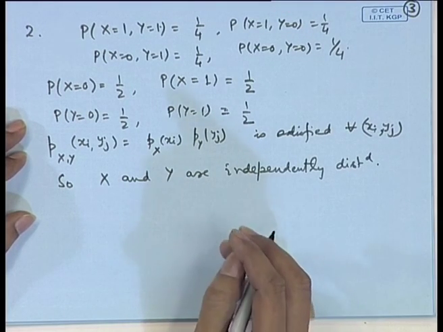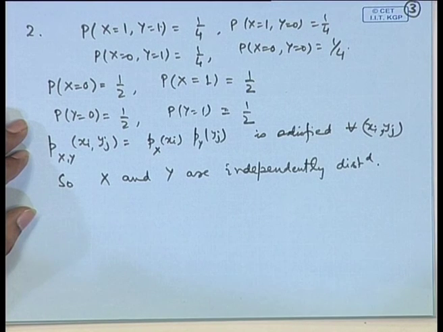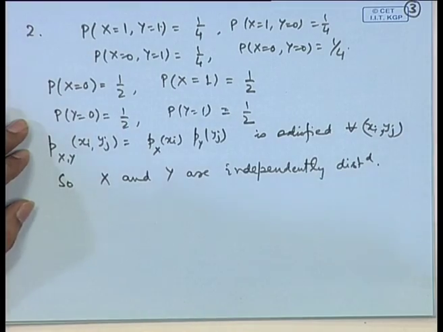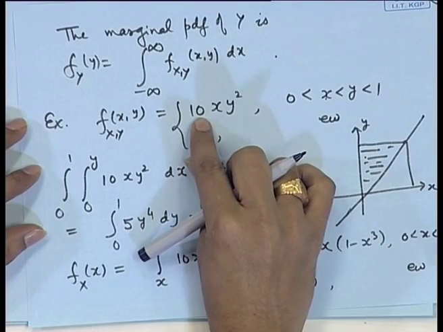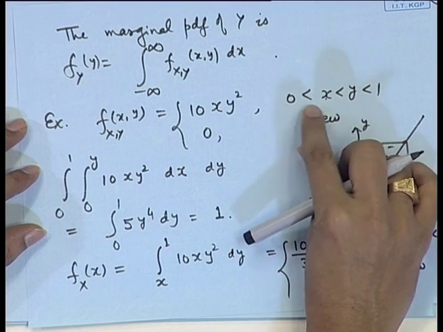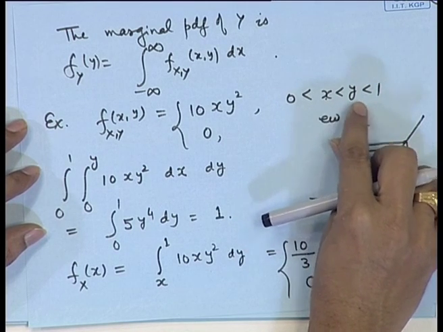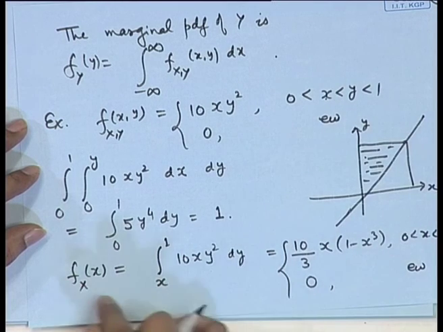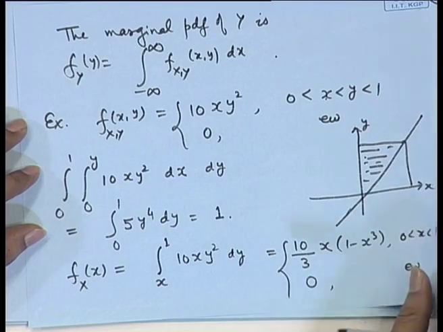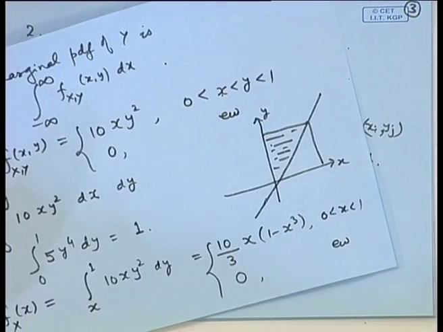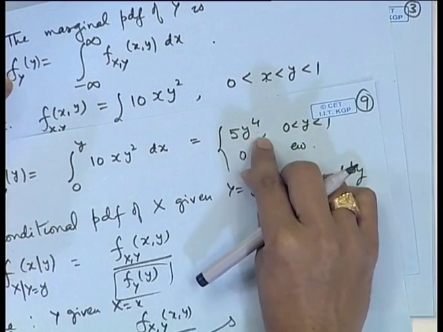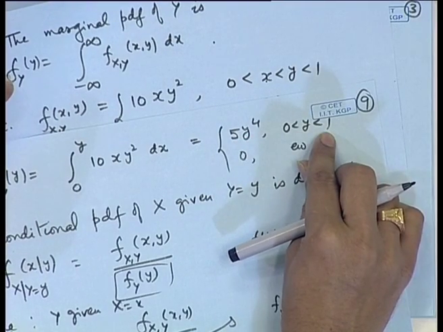On the other hand, if we consider a distribution such as f(x,y) equal to 10xy squared, where x and y satisfy the condition 0 less than x less than y less than 1, then the marginal distribution of x was 10/3 x(1 minus x cubed) and the marginal distribution of y is 5y to the power 4, 0 less than y less than 1.